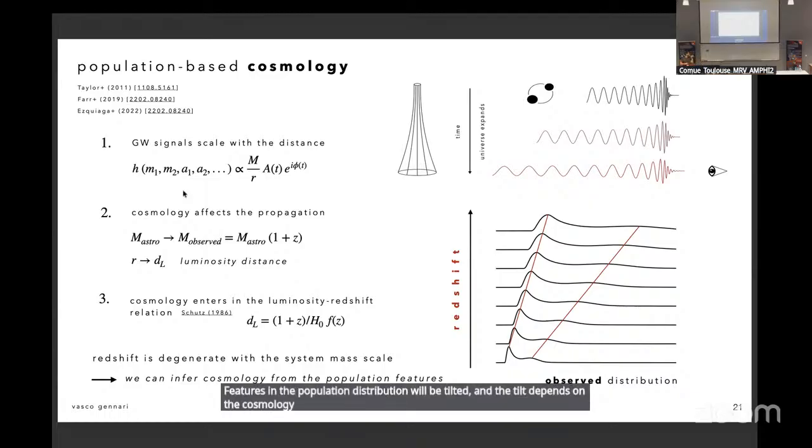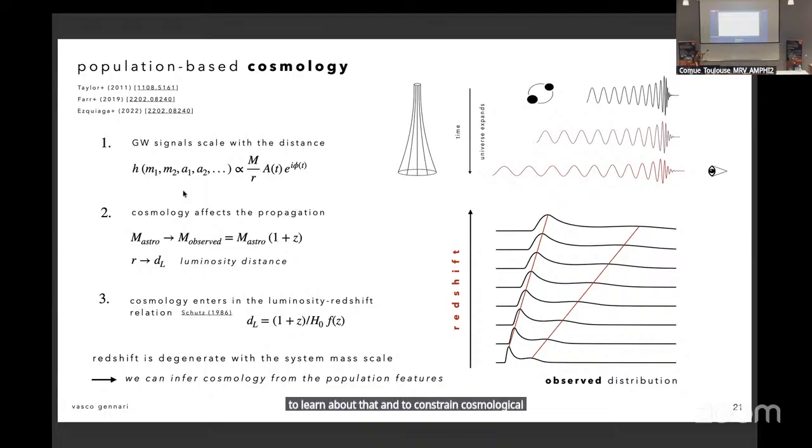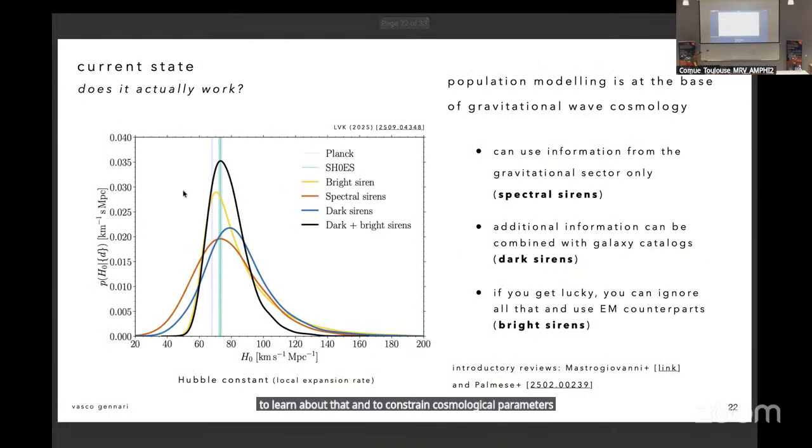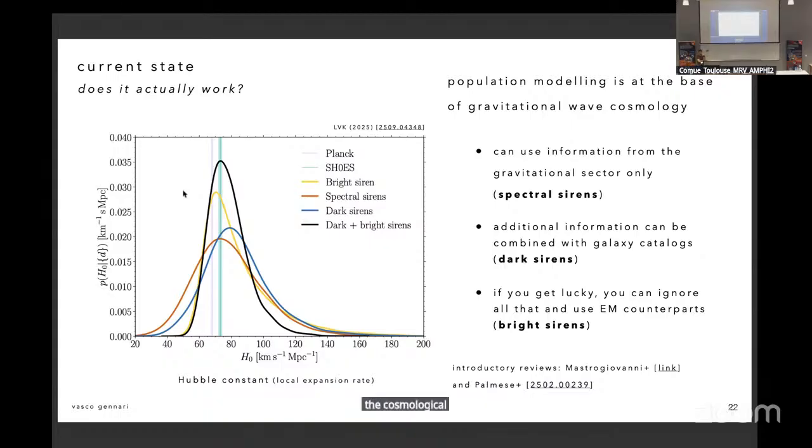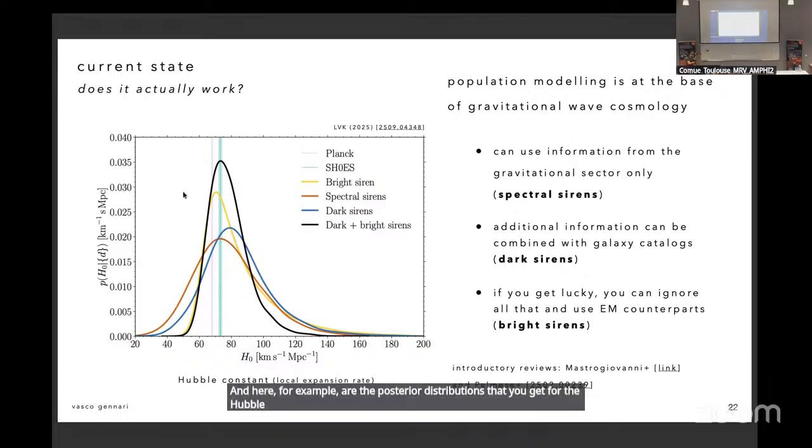Therefore, the population has some information on cosmology, and we can exploit that to constrain cosmological parameters. This is what is normally done now. You just take the inference we described before with all these hyperparameters that model the population, and add the cosmological parameters as additional population parameters. Here, for example, are the posterior distributions that you get for the Hubble constant, which is the local expansion rate of the universe.